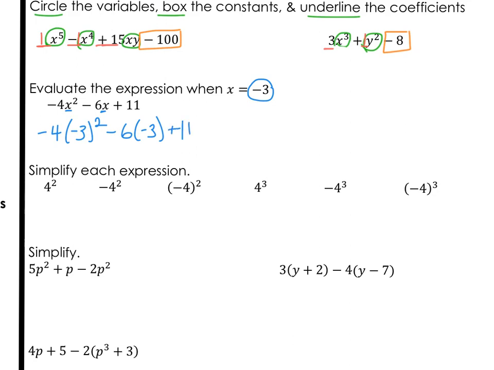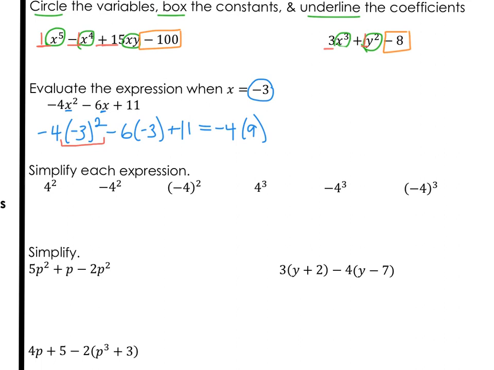We have to be very careful with our order of operations. In that first term, negative 4 times negative 3 squared, order of operations would indicate we're going to square -3 first, which means we multiply -3 by itself. When we do that, we get +9. Keep that -4 on the outside, and now we have +9 on the inside.